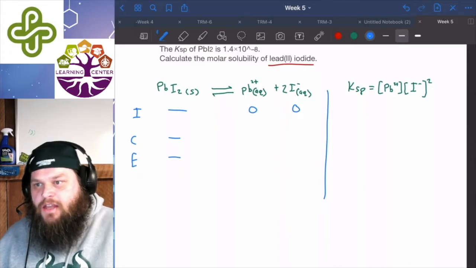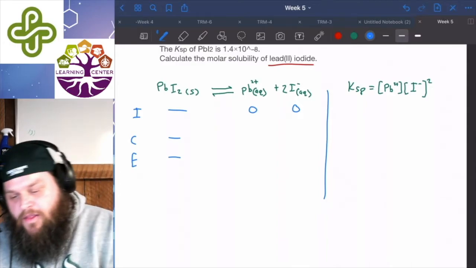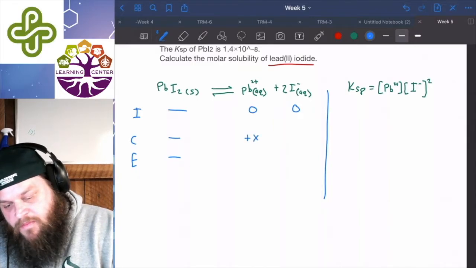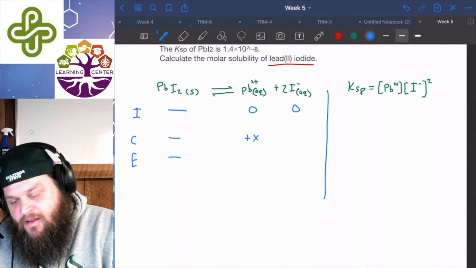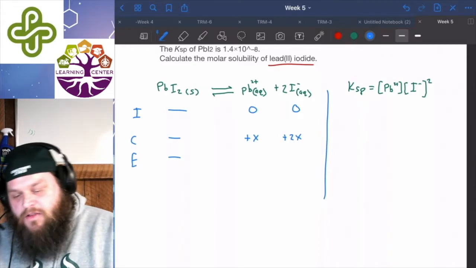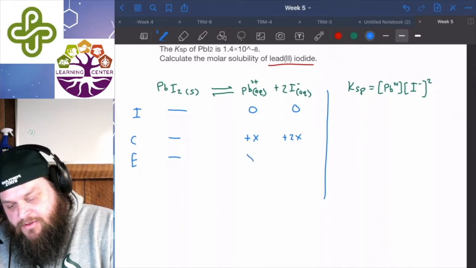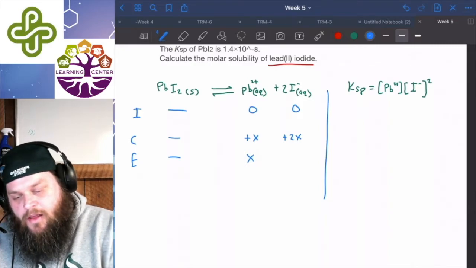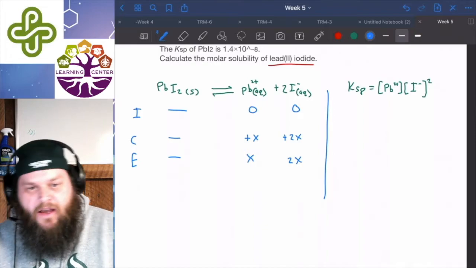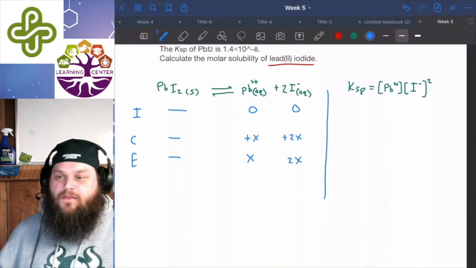The change in the lead concentration we can say is plus X. And then the change of the iodide is going to be plus 2X, because there's twice as much iodide as there is lead. So at the end, the concentration at equilibrium of the lead is going to be X, and the concentration of the iodide is going to be 2X, twice that value.